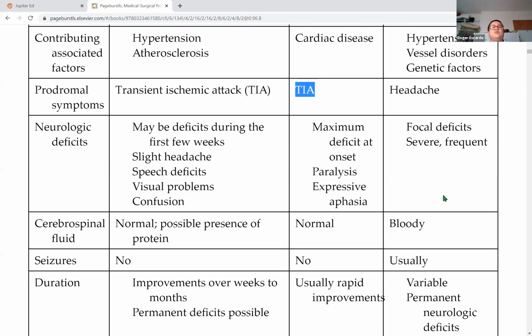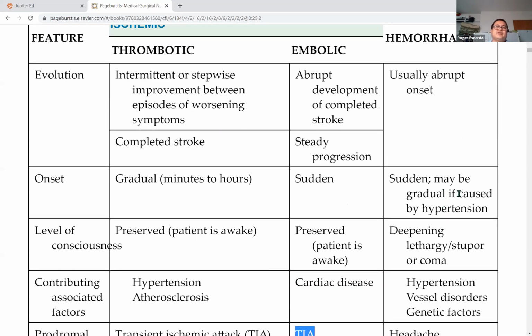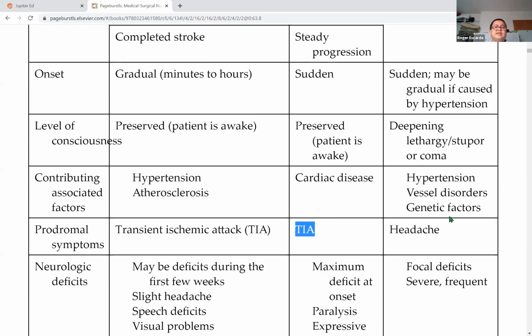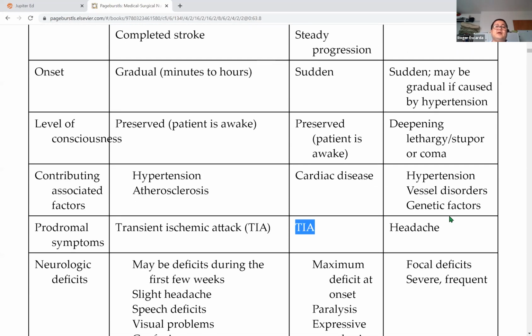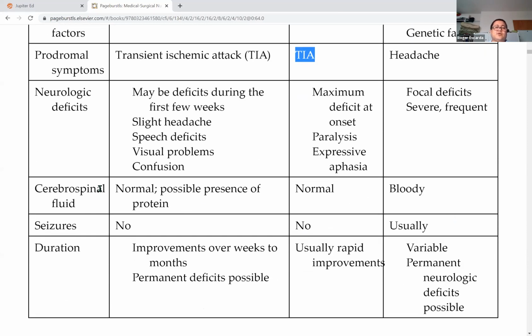All of these, though, will have increased ICP. Between the three, of course, it will be hemorrhagic that will cause a rapid increase in ICP because of the presence of the blood. And of course, your CSF on examination, this one may be normal. This one will be normal also, but this one definitely will be very bloody.